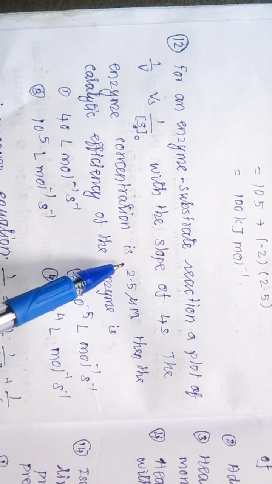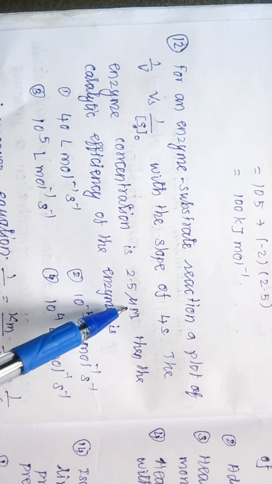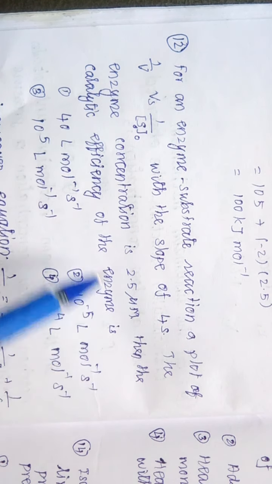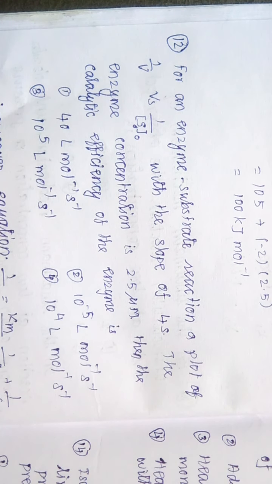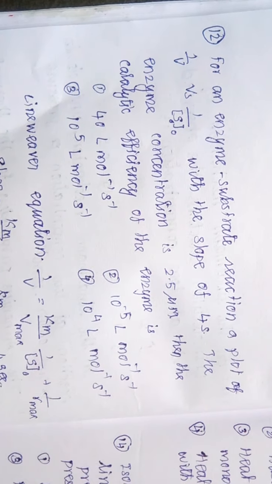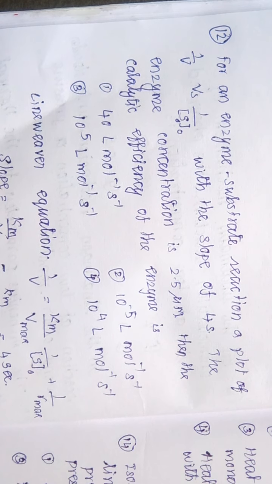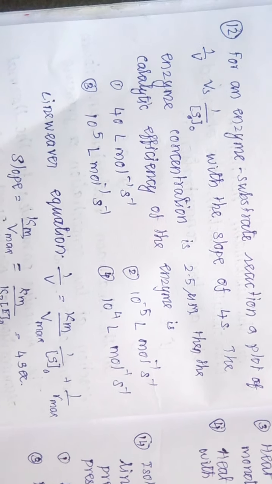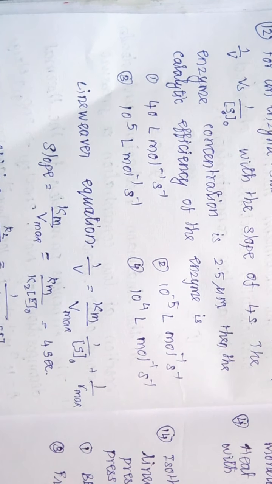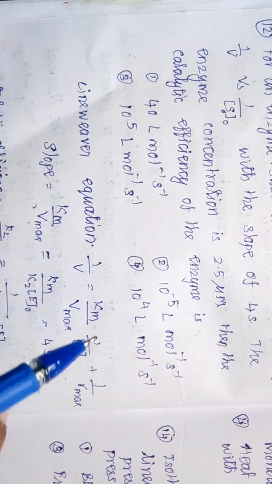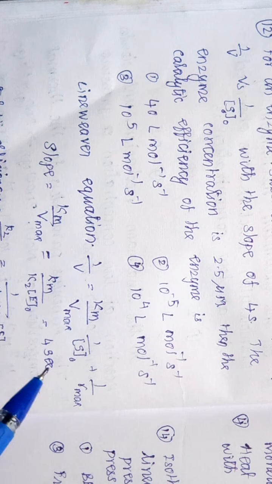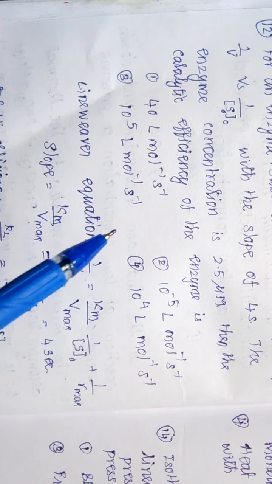The enzyme concentration is 2.5 micromoles. Then find the catalytic efficiency of the enzyme. In these equations there are some formulas, and we have to keep them in our notes. When time permits, you have to remember all these equations and read thoroughly.